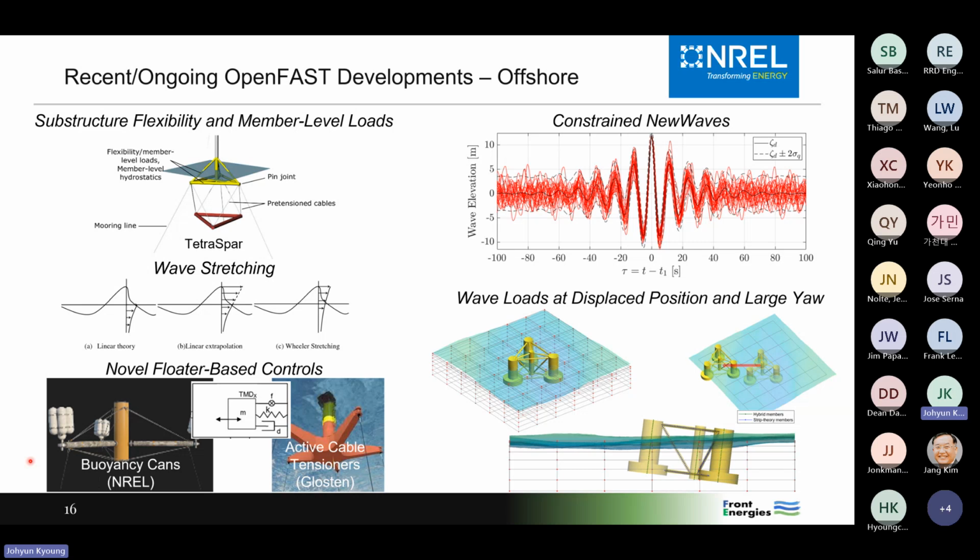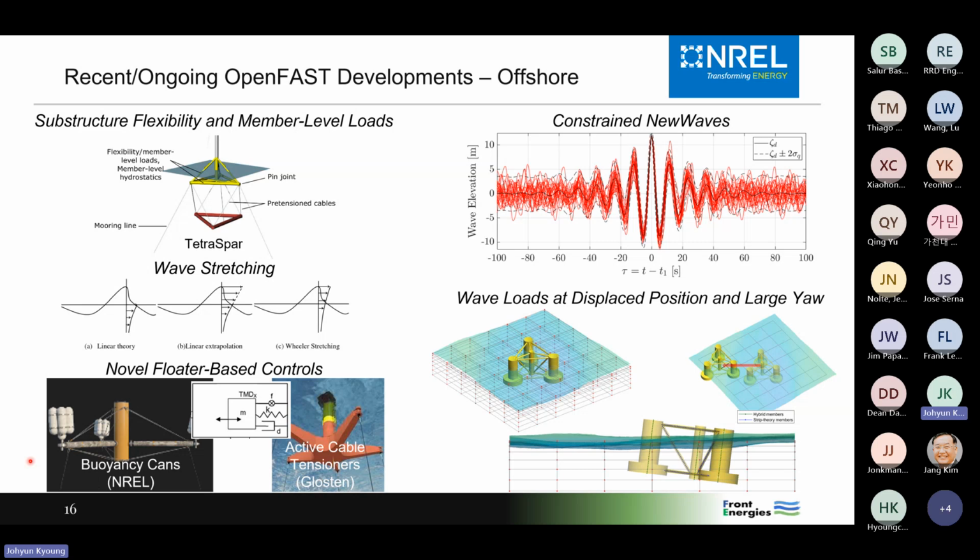And then coming soon after that will be support for large floater yaw motion. Blue Wing, I know, just submitted an abstract for NAWEA WindTech, which will present that result. So that's also coming, really important for the large yaw for things like single point mooring designs, or the fault cases where we're going to lose a mooring line and may have large yaw motion.